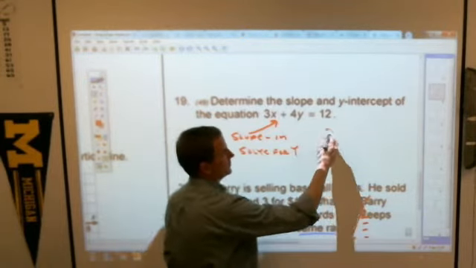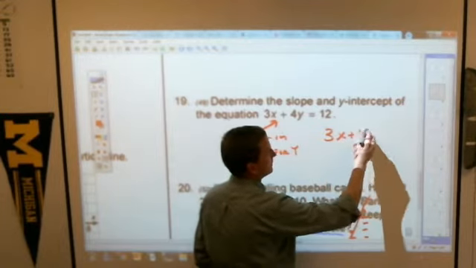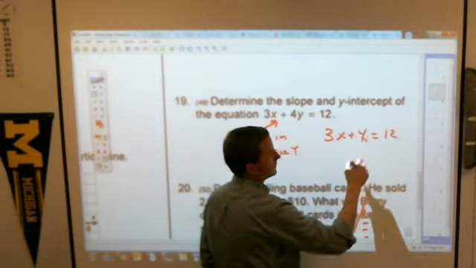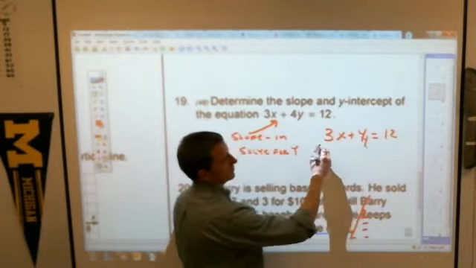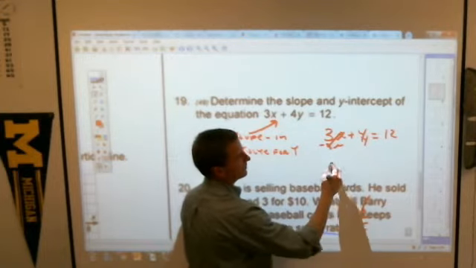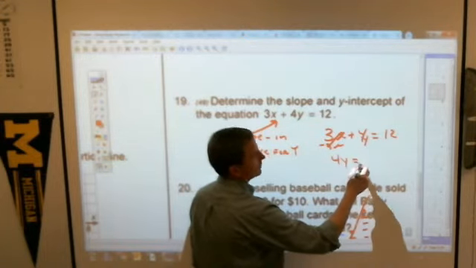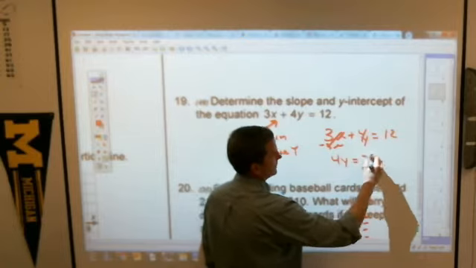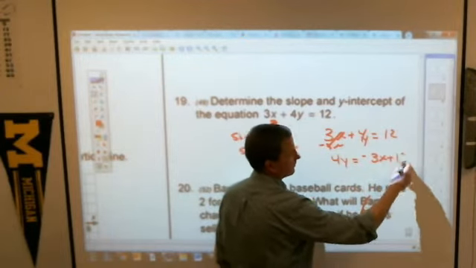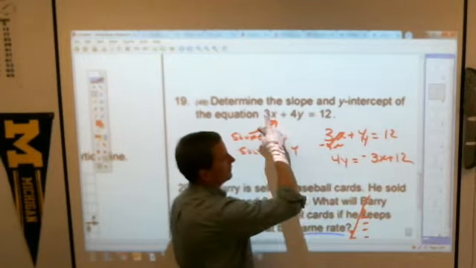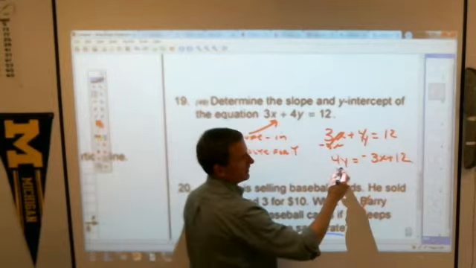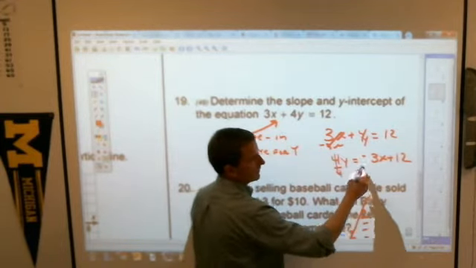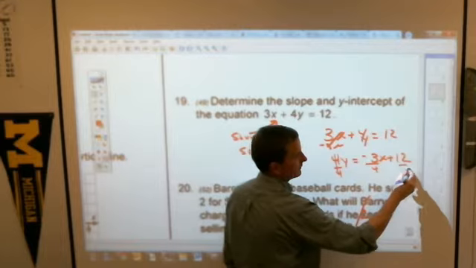So here's my equation. Subtract 3x to get it over to that side. So now 4y equals -3x plus 12. You with me? I just move my 3x to the other side. And then to get y by itself, you just divide by 4. Divide by 4, divide by 4.